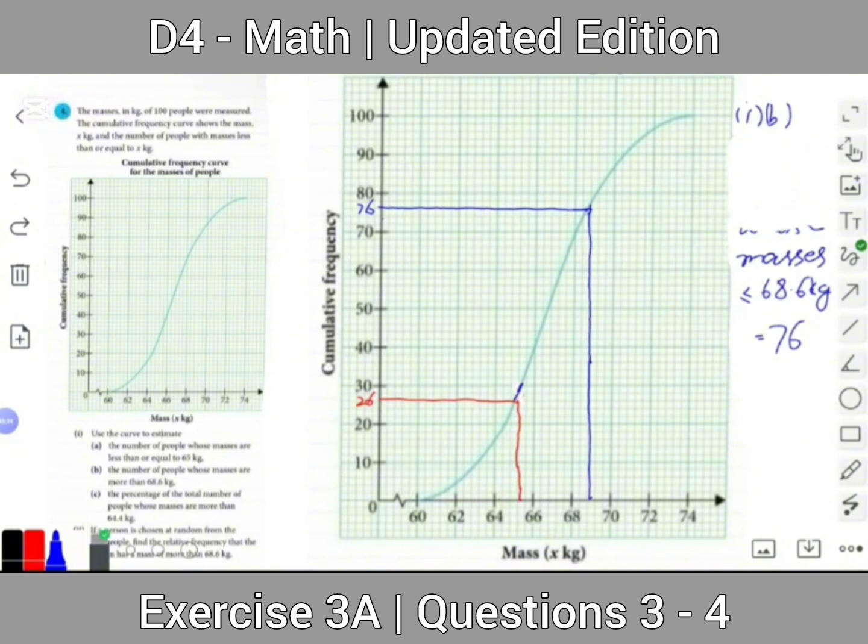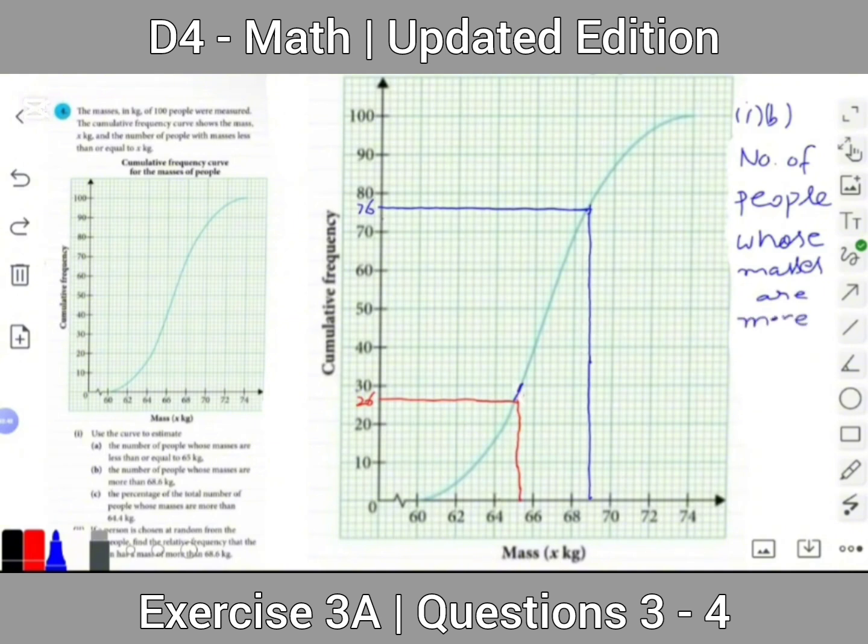We want to find the number of people whose masses are more than 68.6 kg.